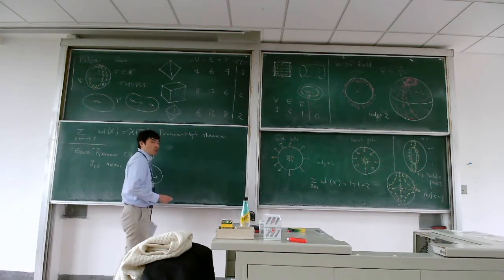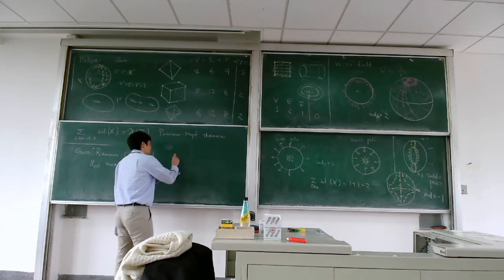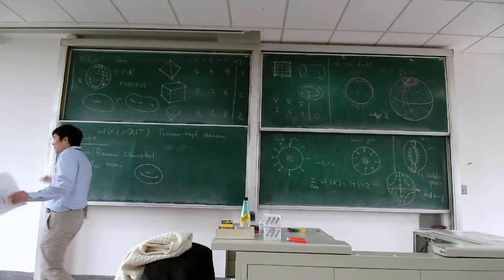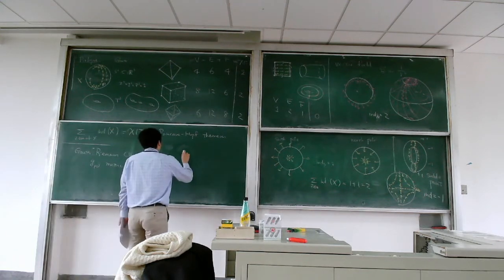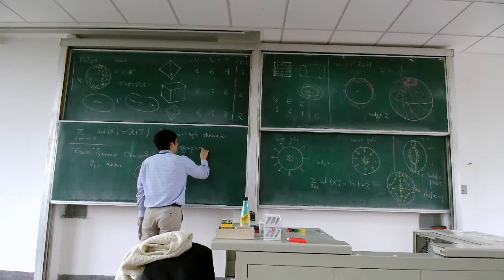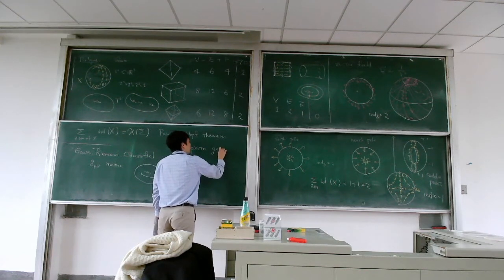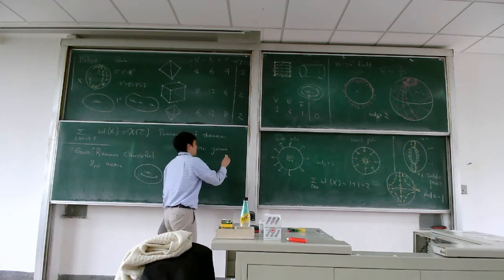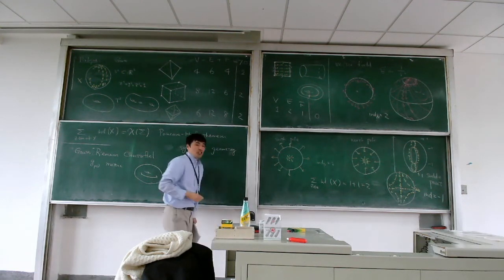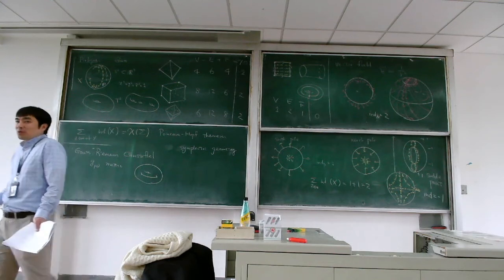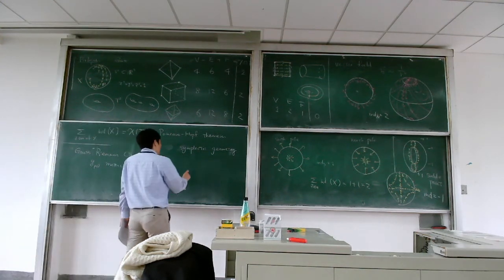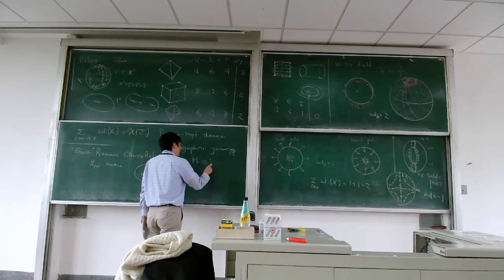Another geometry we will learn is called symplectic geometry. So we will learn symplectic geometry. In this geometry, you don't have a notion of distance between 2 points. People just write down a manifold M and omega.